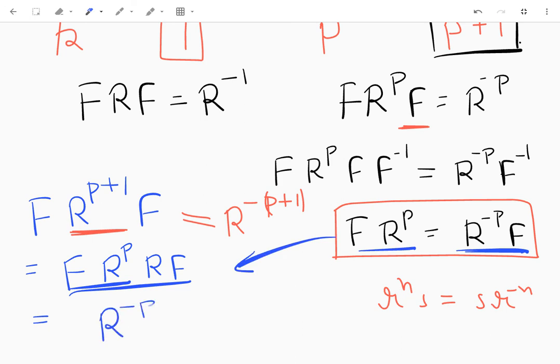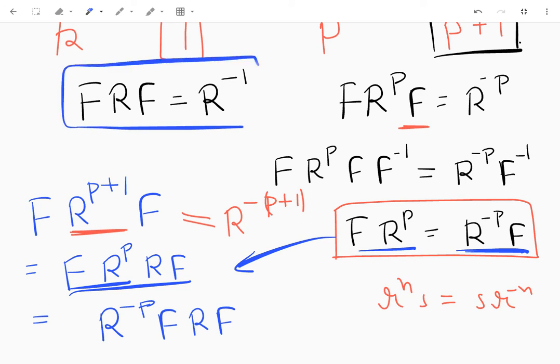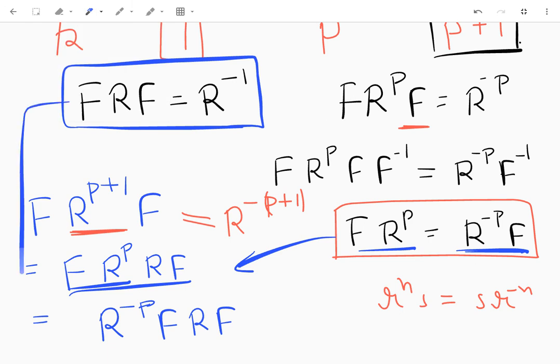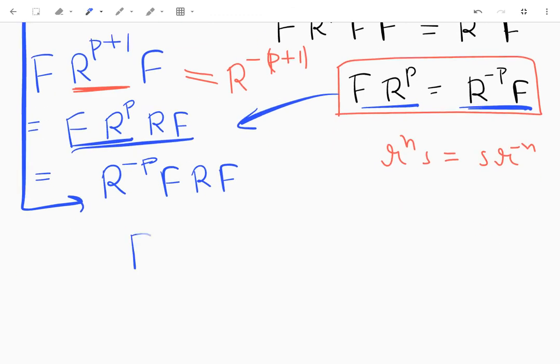So I'll get R inverse^p F R F. And when I proved it for k equal to 1, I proved that F R F is equal to R inverse. So now I'll substitute the value of F R F. What I get is R inverse^p and F R F is R inverse. So this gives me R to the negative (p plus 1).